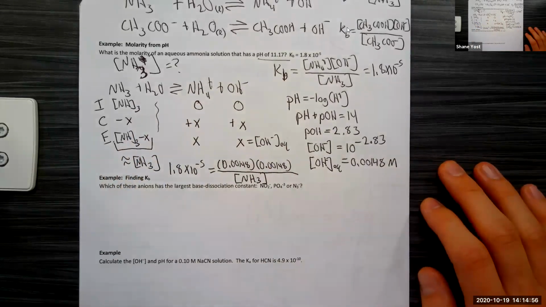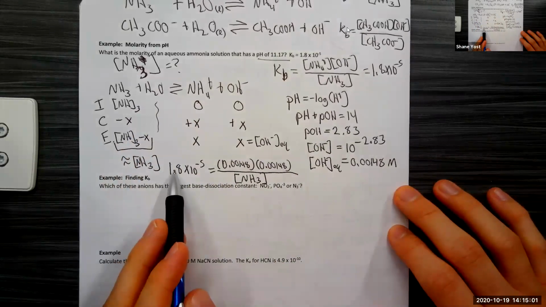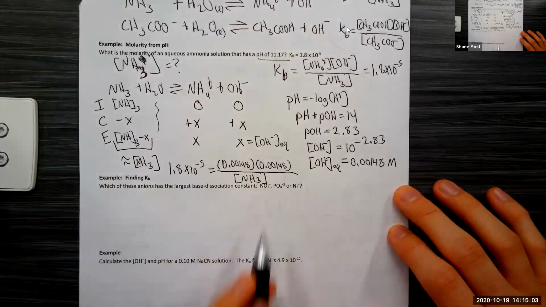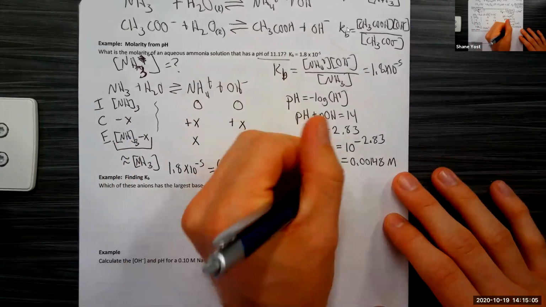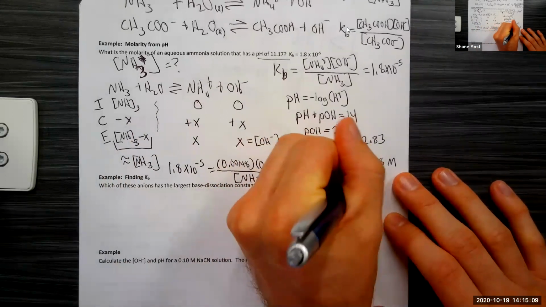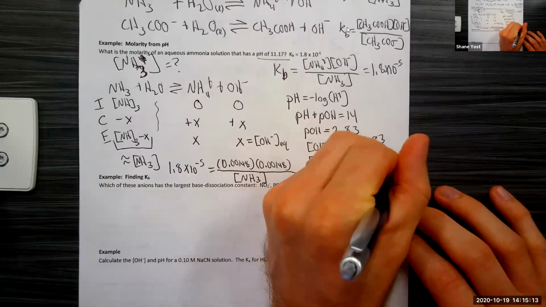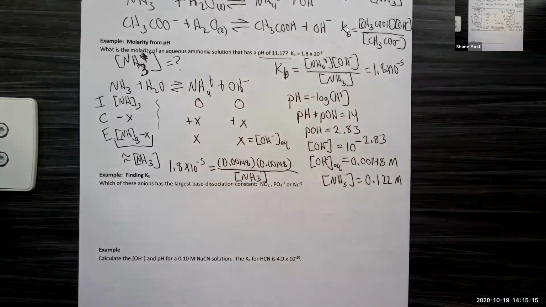And then I can just multiply NH3 over to the left side and divide by 1.8 times 10 to the minus 5. You'll get that the concentration of NH3 equals 0.122 molar.